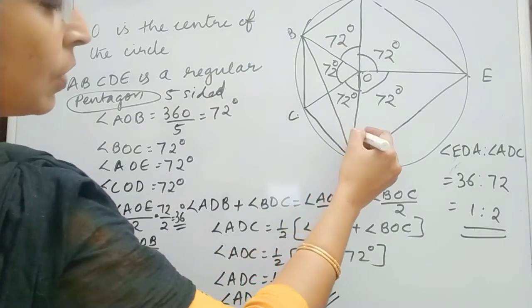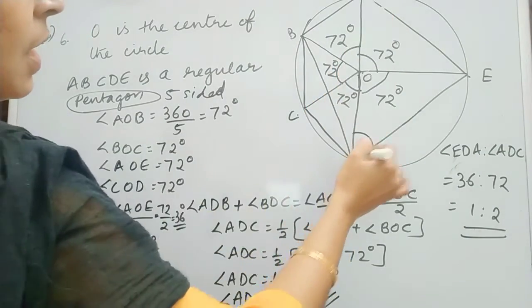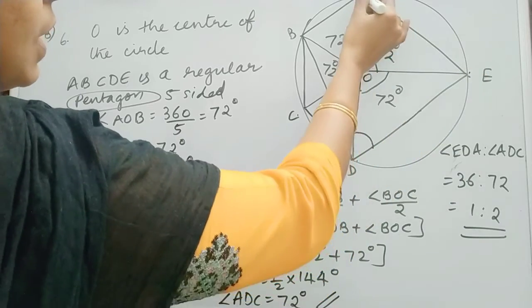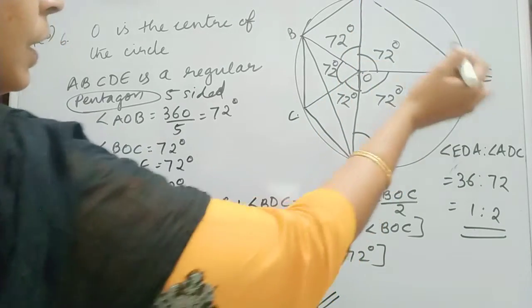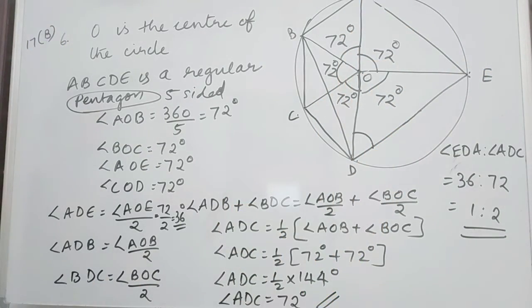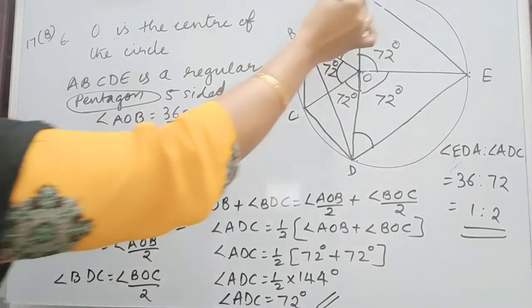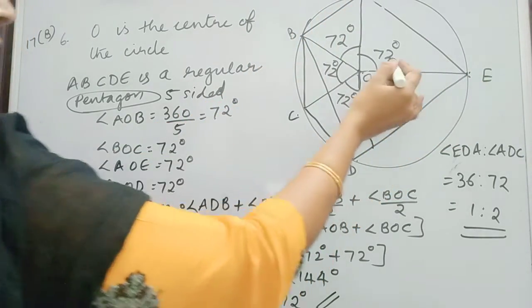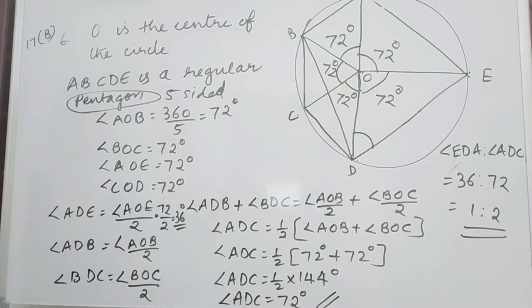To find ADE, look at AOE. Central angle AOE is 72 degrees. So, ADE will be 72 divided by 2, that is, the angle at the center of the circle is double the angle at the circumference.